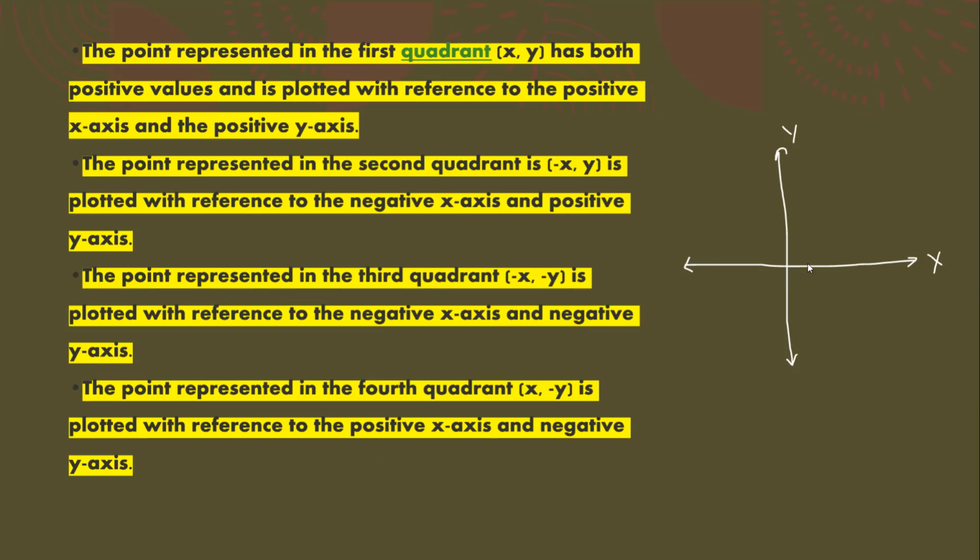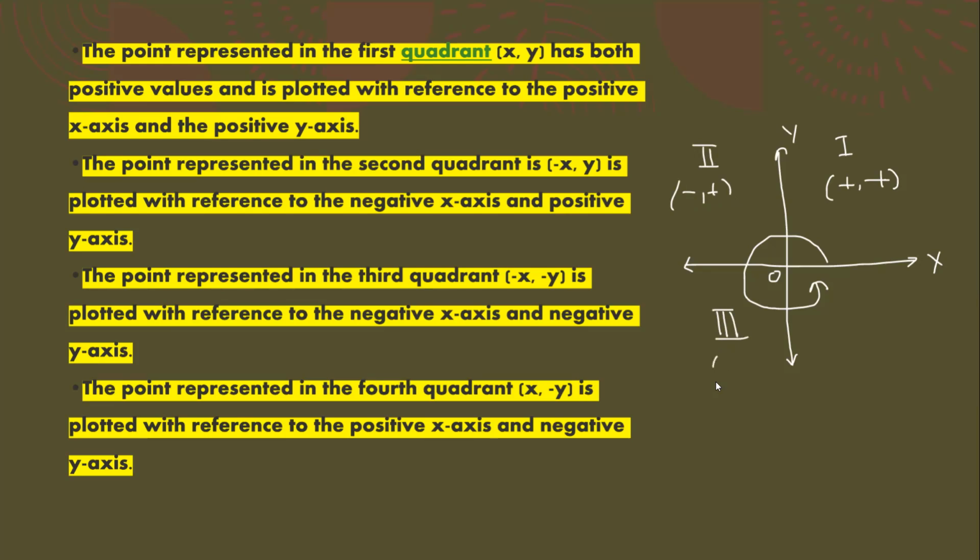So here you can see there is an intersection of the x and y axes at the origin O. We have to go in the anti-clockwise direction. So this is our first quadrant, as we have seen before. Here both the coordinates are positive. This is the second quadrant. So the x coordinate is negative, the y coordinate is positive. This is the third quadrant.